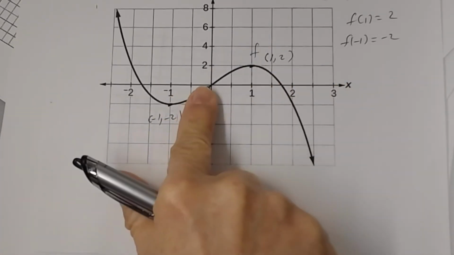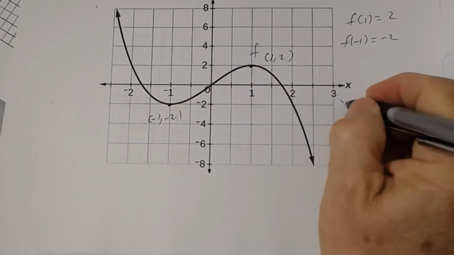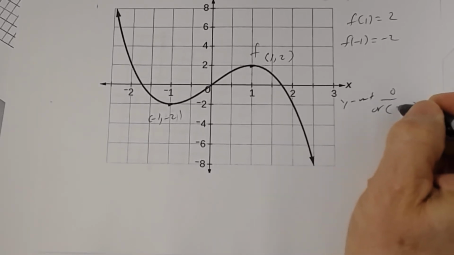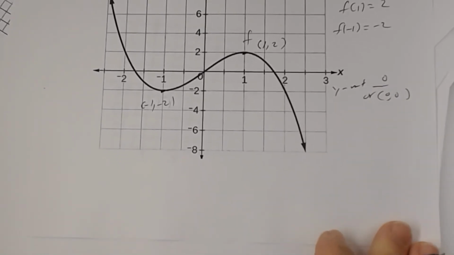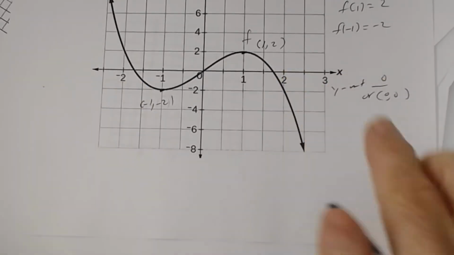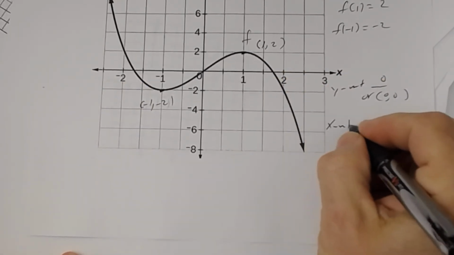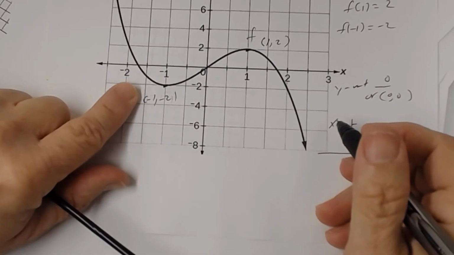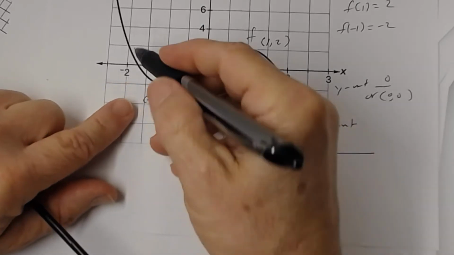Now, there's only one y-intercept. What is it? You can say 0, or you can say what ordered pair? 0, 0, which is the origin. Now, let's approximate these x-intercepts. There are how many x-intercepts? 3. So you can say, it looks like this one's what? About negative 2, now remember, be careful.